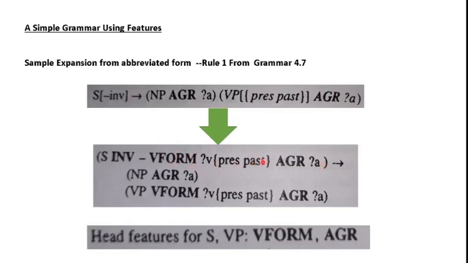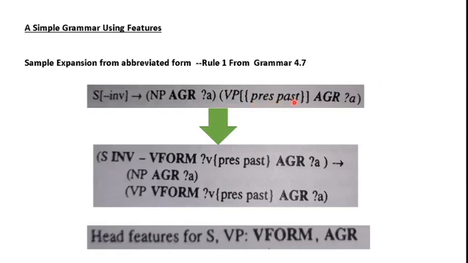Then the next thing is here minus INV is written, and this is an abbreviated representation of binary features, and it means that the sentence inversion feature is absent. So when we expand it in the normal expanded form, we will write INV minus. Then coming to the remaining things, present past value is written for this VP part, and the feature name is not given, that was removed as part of the abbreviation step.